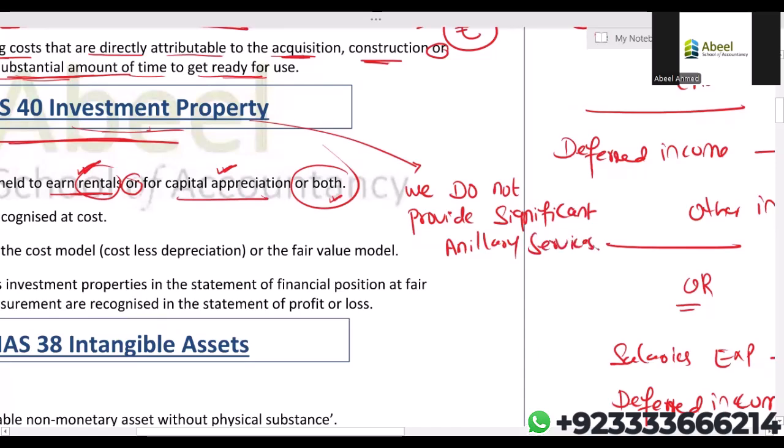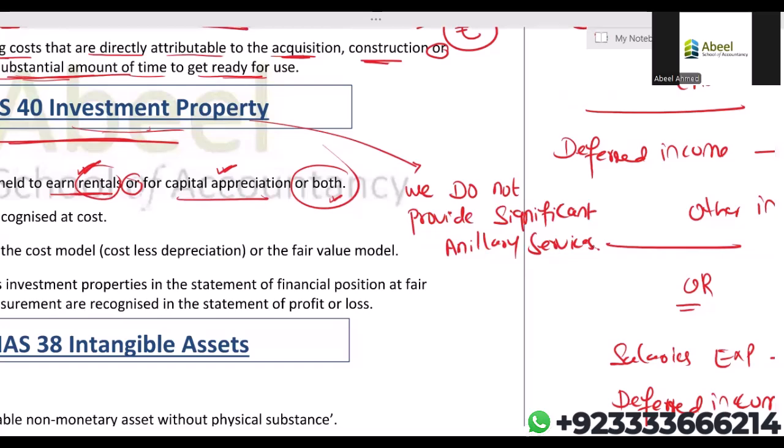Now, what do you mean by significant ancillary services? Please try to understand. When we are providing an investment property on rent, we do not provide significant ancillary services. The question is again the same. What do you mean by significant ancillary services, and where do we provide such significant ancillary services?